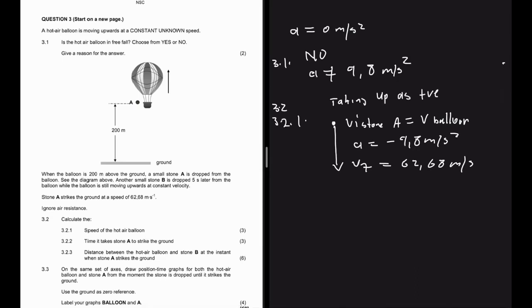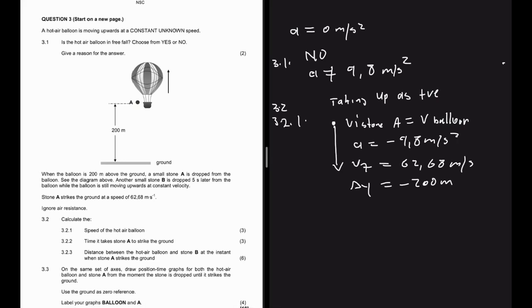And then what we are interested in is VI. Another piece of information we have is the distance it travels from A to the ground, right? That is delta Y equals minus 200 meters.